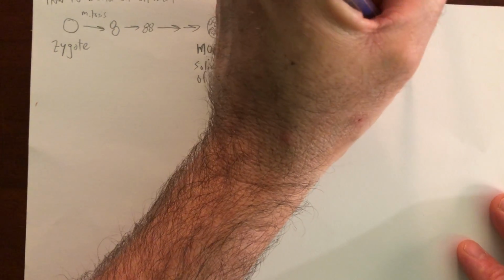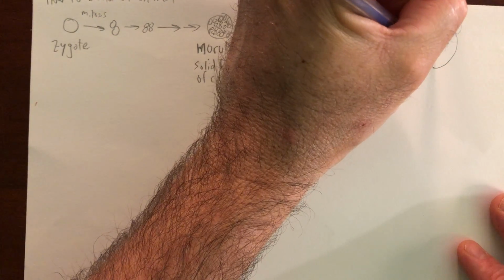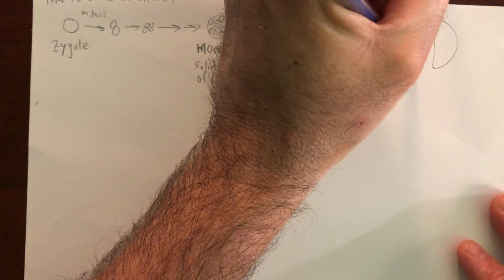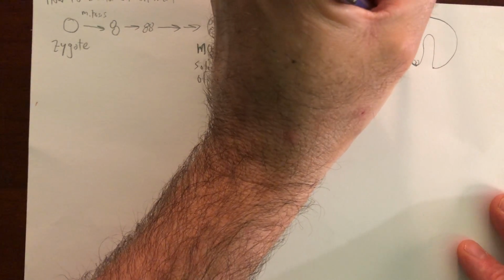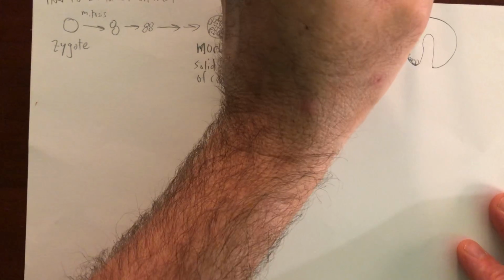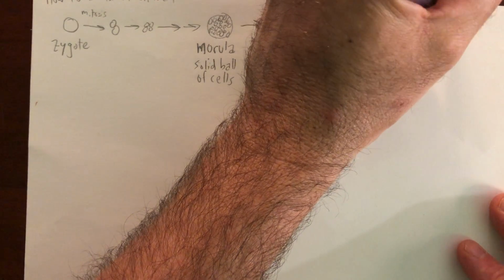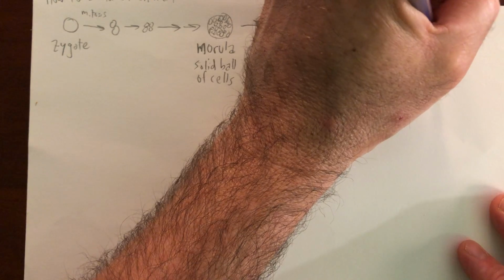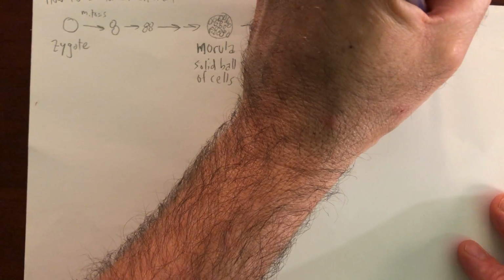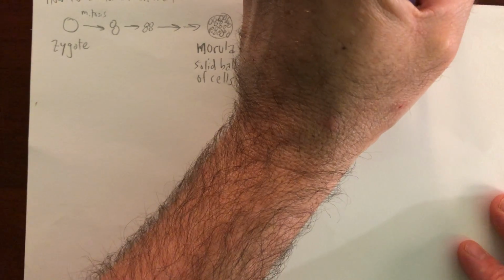So the next thing that happens with our hollow ball of cells is it starts to get poked in as the cells are dividing and growing. The next thing they form is a hollow ball of cells with one end poked in.